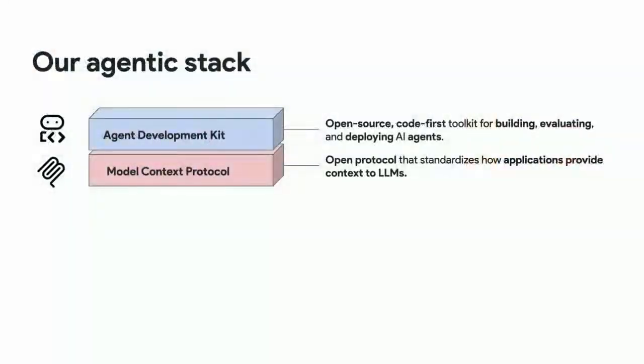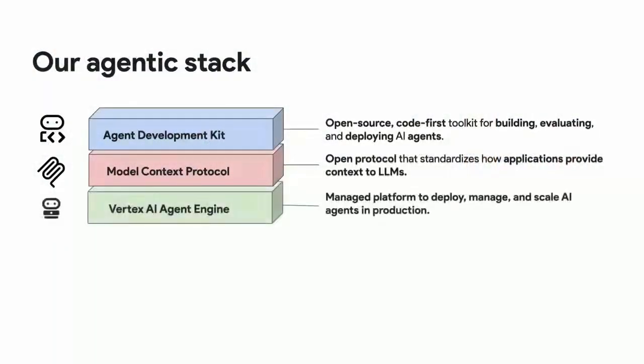On top of that, we also introduce Vertex AI Agent Engine, which is essentially a managed platform that has been designed to deploy, manage, and scale your AI agents in production. And it takes care of all those operational challenges and possible capabilities that you need in order to deploy your agent in production.